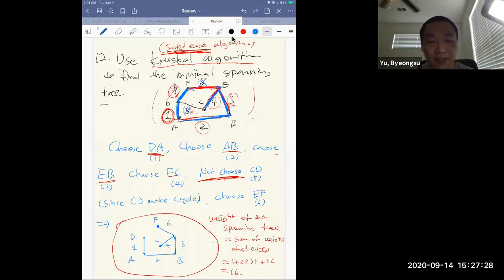But at least we have a Hamiltonian path with the smallest weight, right? So that's the difference between the sorted edge algorithm and the minimal spanning tree Kruskal's algorithm. Does it make sense? Okay, great. So be careful about both of them because a lot of students make mistakes distinguishing them.